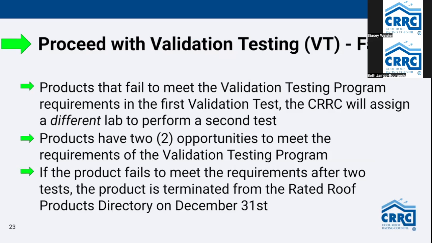For example, if a product is due for validation testing in 2026 and it has gone through 2 different tests, and if it still does not meet the requirements of the VT program by December 31st, 2026, it will be terminated from the directory.